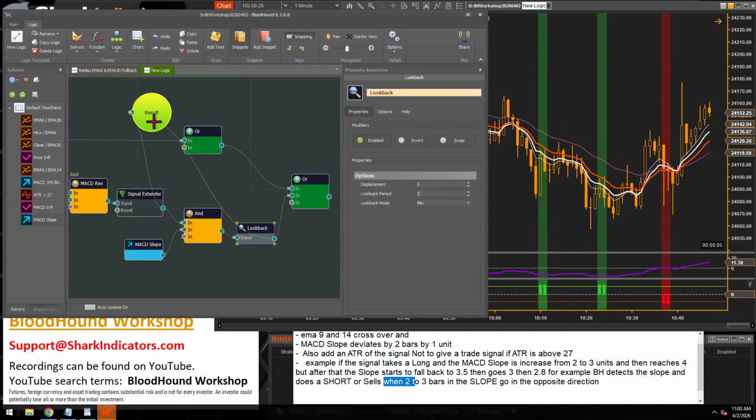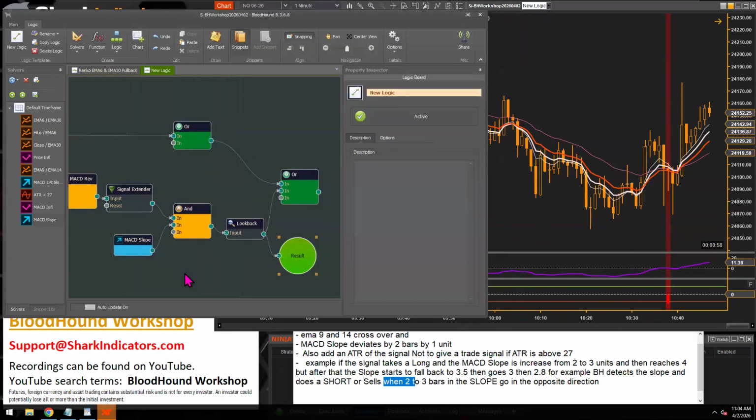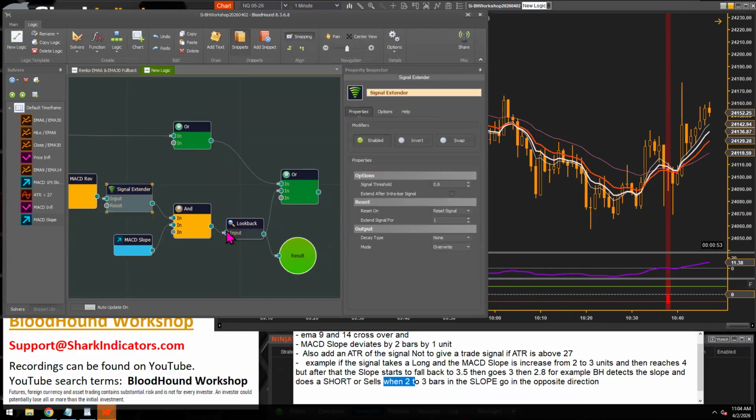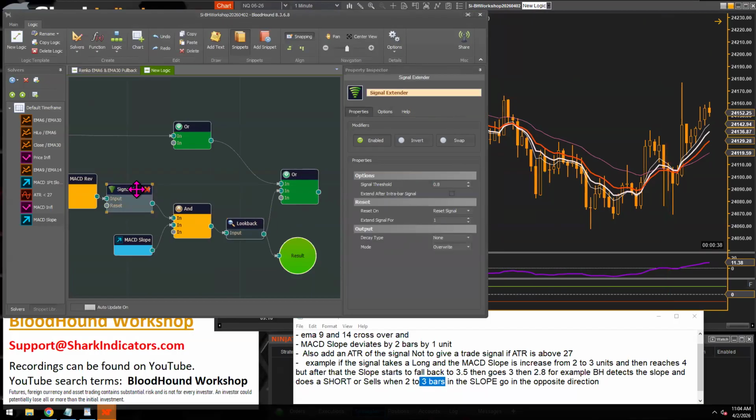And so when we look at the look back node, it's reducing it down to 1 bar there. So if you need a 3-bar continuation of that MACD rolling over, then we could set our look back to 3 bars, and the signal extender needs to be incremented to 2 bars.